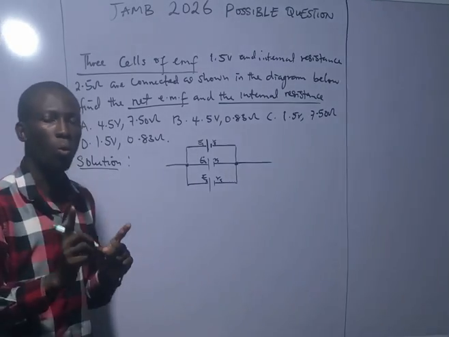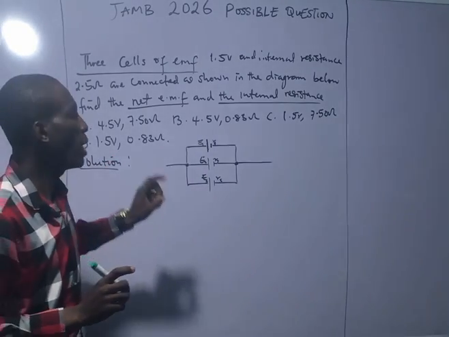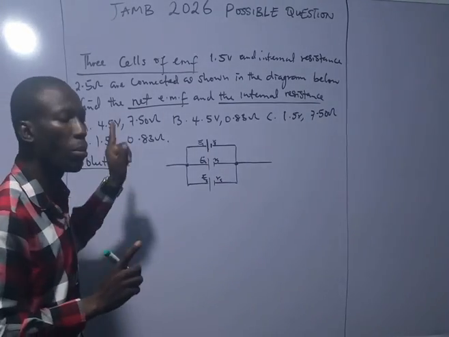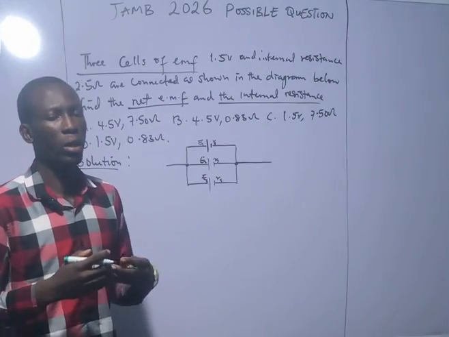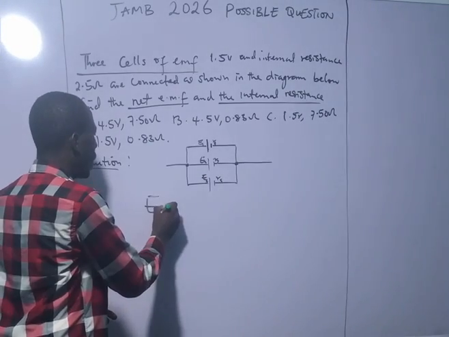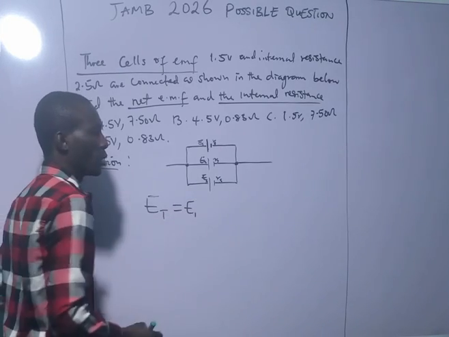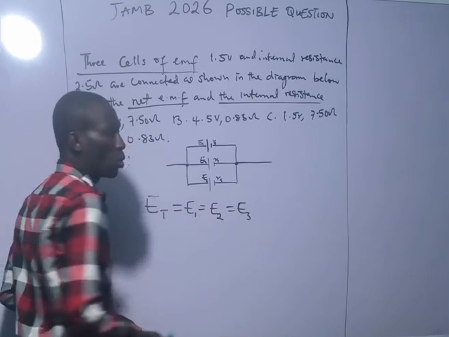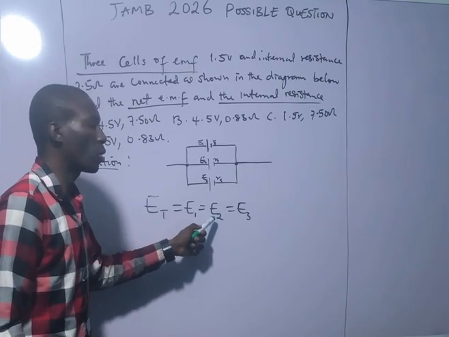Now you have to take note, since the diagram is showing us a parallel connection, that for us to find the EMF, you need to take note of what happens when you have a parallel connection. When there is a parallel connection of the EMF, the total cell is equal to the first cell, equal to the second cell, and equal to the what?